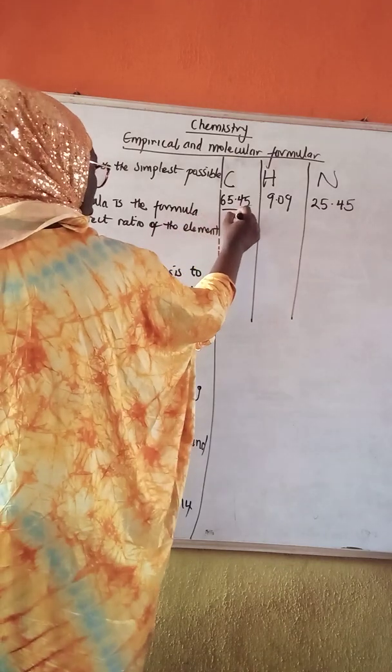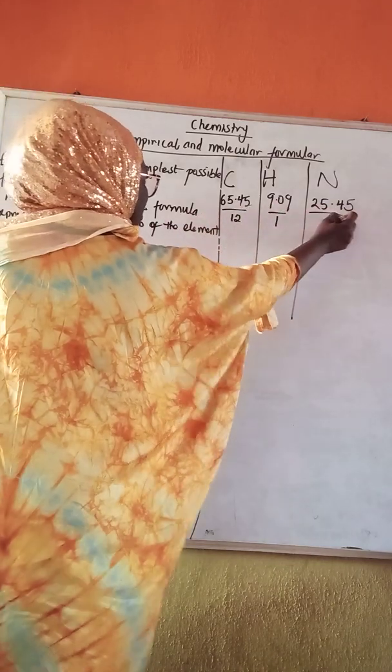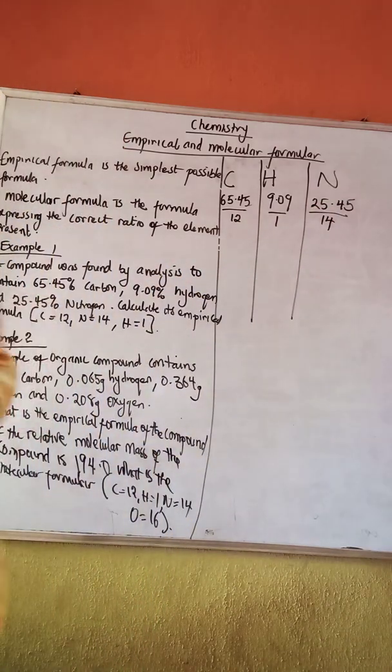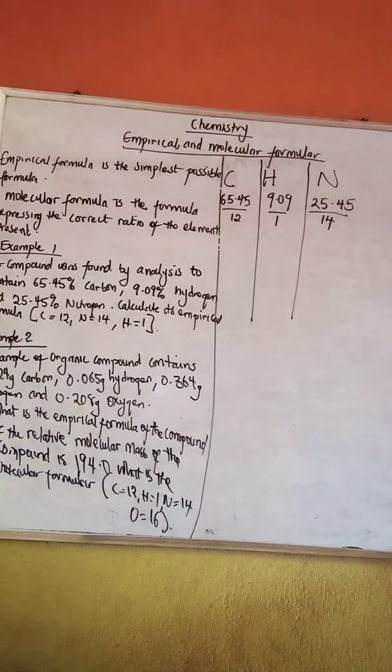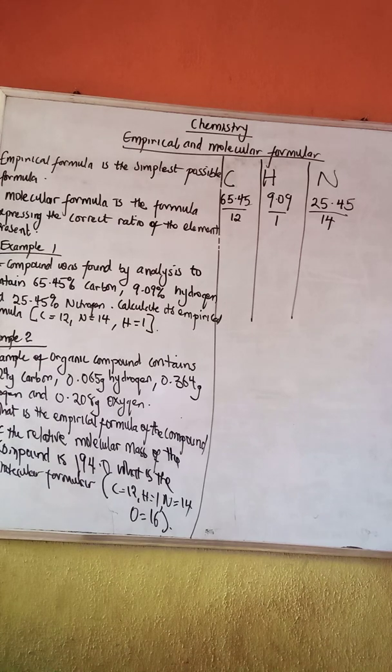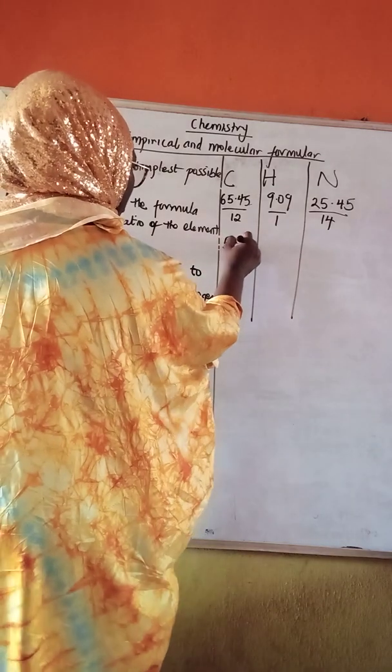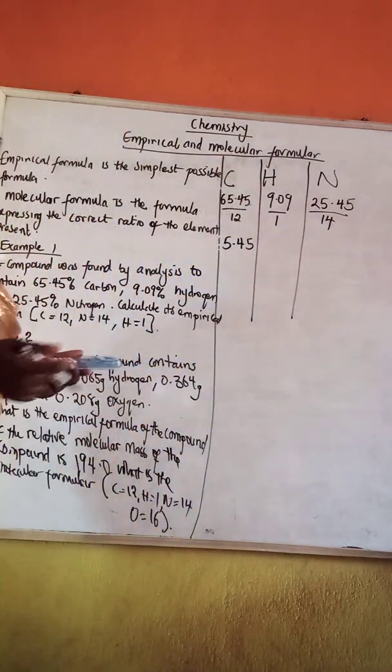You divide this by 12, divide this by 1, and you divide this by 14. So let's go. We have 65.45 divided by 12, which gives 5.45.